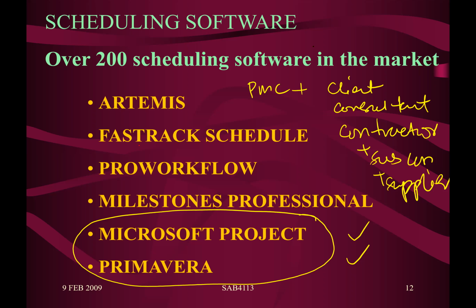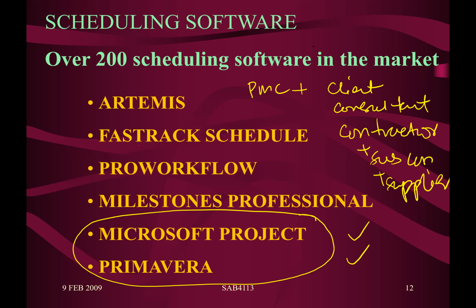If you send them, you do not want to send a PDF file, because they cannot click and open up different things with regard to resources, whatever they want to see. So you might want to send the file itself. In order to open the file, you must have the software.